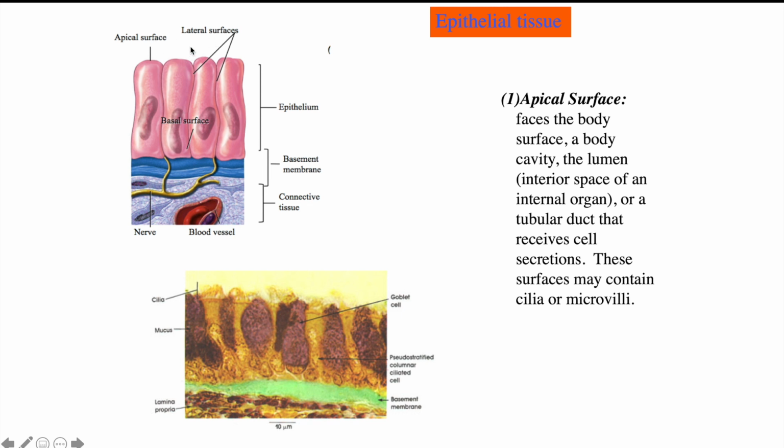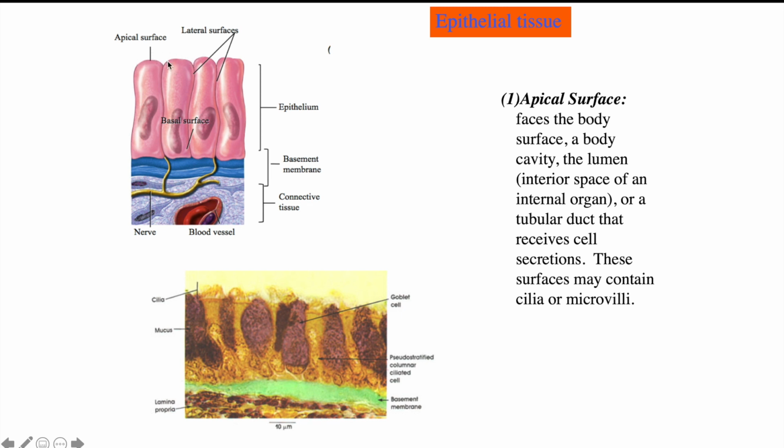And the apical surface is important because, if you're thinking about your skin, the apical surface is making contact with whatever is outside your body. If you're thinking about the apical surface in your intestines, that's going to be making contact with whatever food you're trying to digest. If you're thinking about the apical surface of your epithelial tissue in your blood vessels, that apical surface will be making contact with blood.